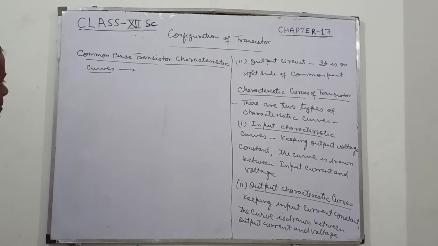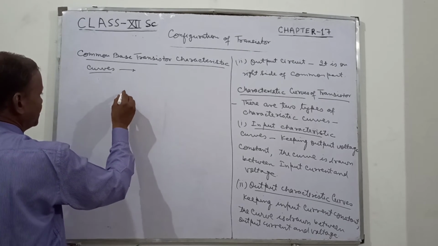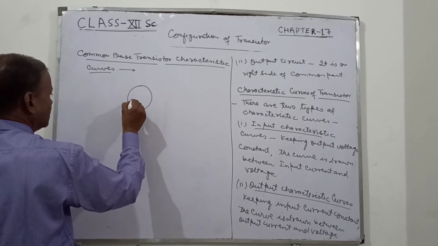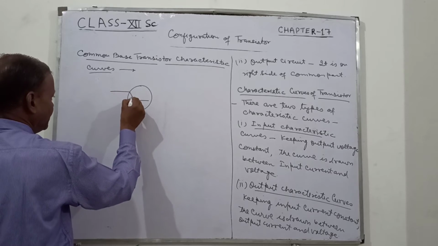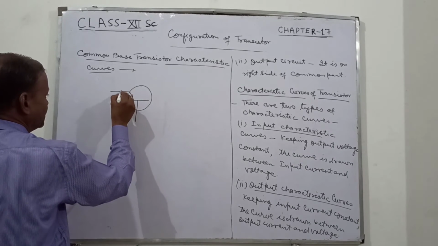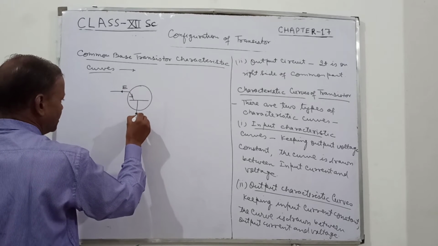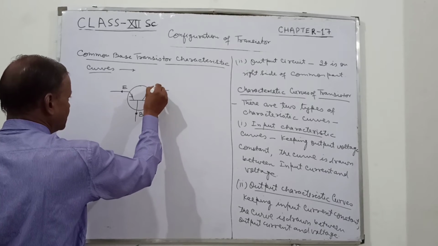Now first I take the circuit diagram of this one. Suppose here I am taking the PNP. This is E, here this is now B, and this is now C.